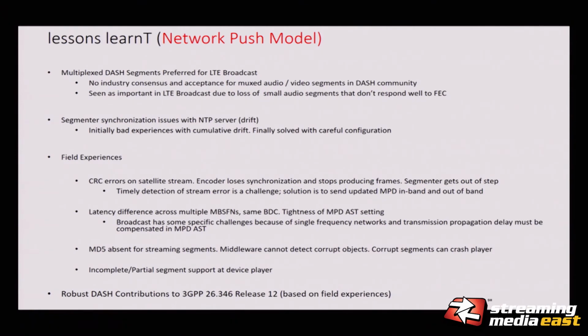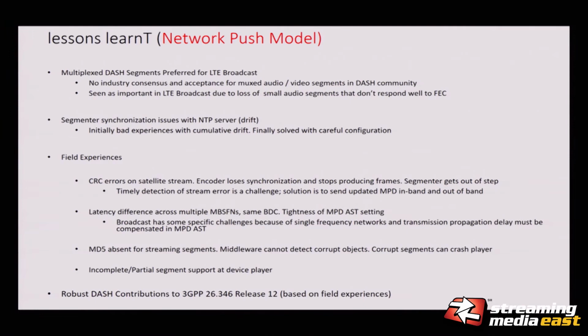Some other points that we have seen is that there are some issues with NTP server drift, which we were able to solve with configuration. But these are just specific to this use case, and things are improving.